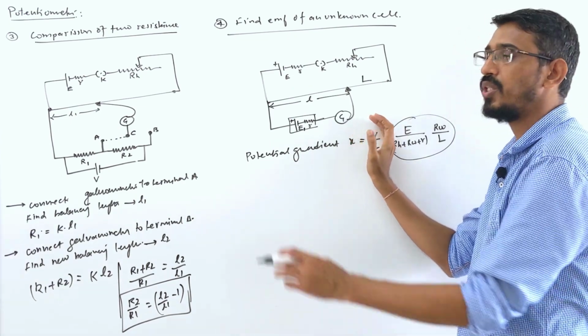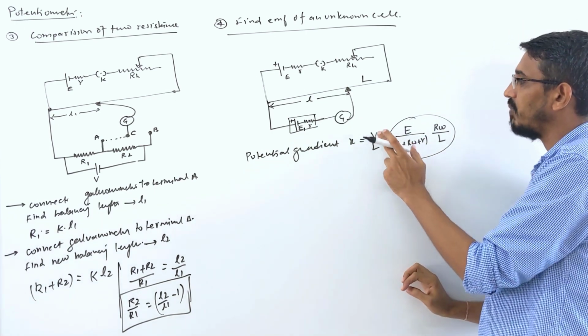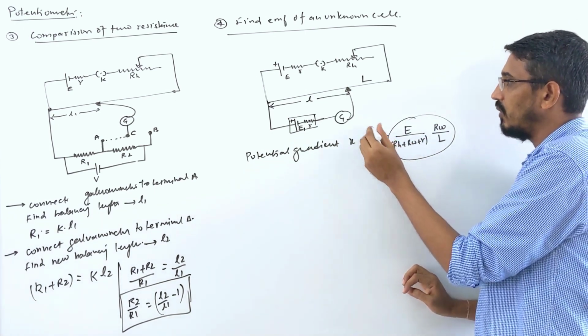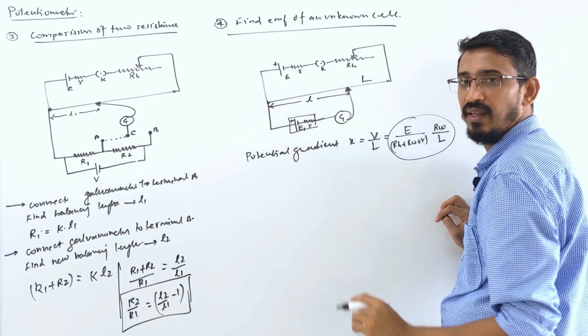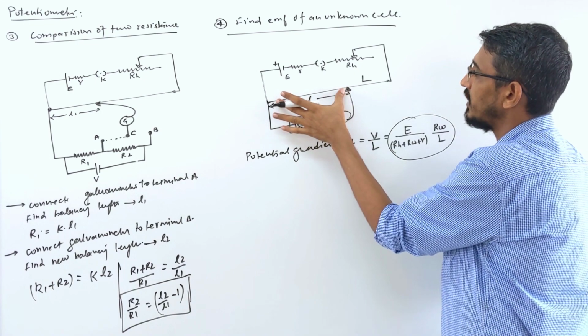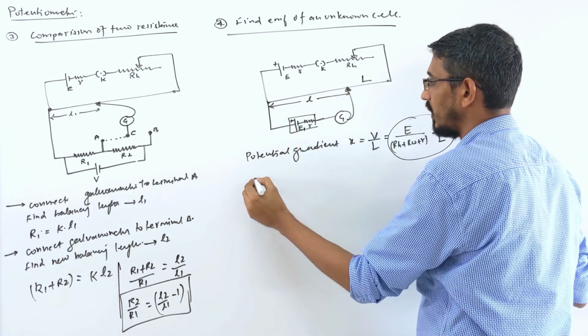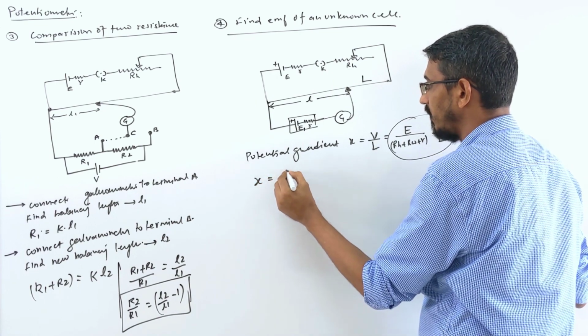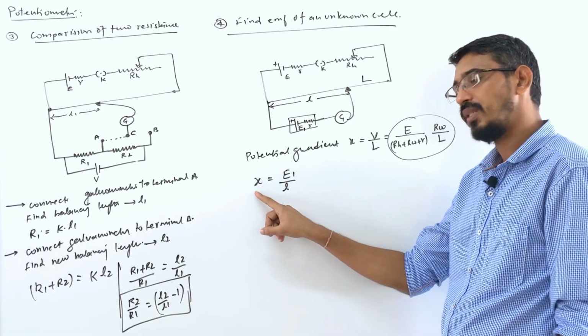If the potential gradient is not given, then first you find it from here, which is also equal to V by L. What is V? The voltage across the balancing length. The battery voltage is balanced against this. So you write potential gradient X equals E1 by l. Potential gradient is known to you.